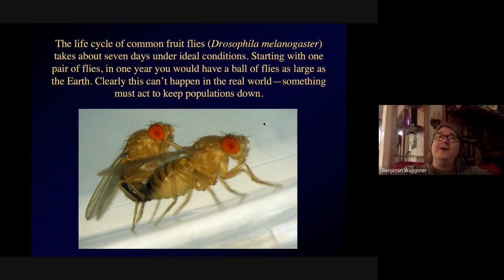So if you start with a pair of elephants, you'll get 1 extra elephant after 18 months, which is a lot less than having hundreds of fruit flies in a week.